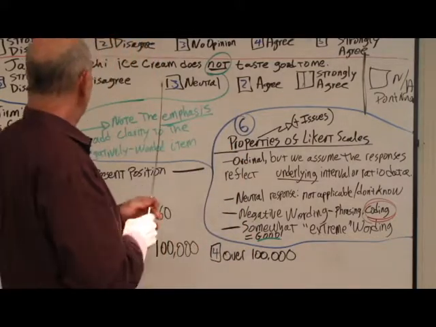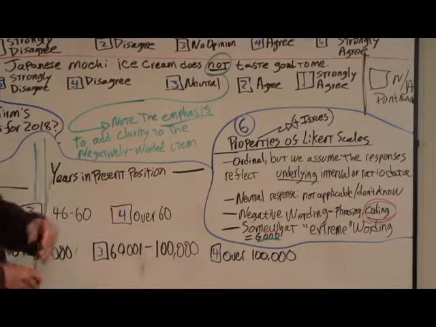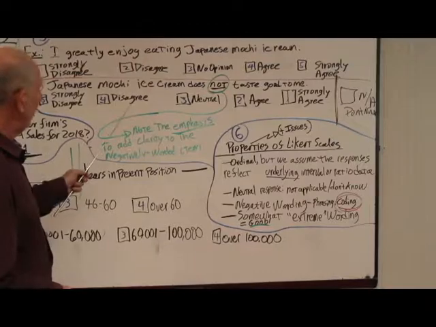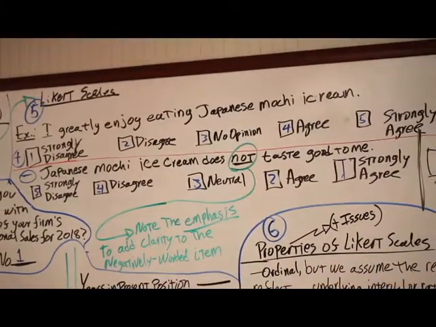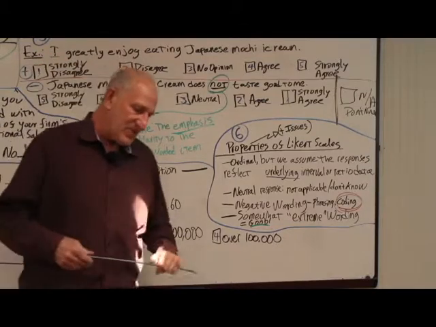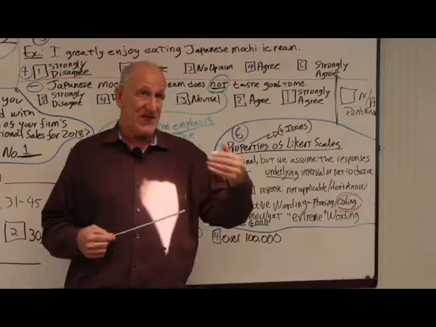And that's what we've done up here on item 5. I greatly enjoy eating ice cream. You could say, I love eating ice cream. And then down here, it does not taste good to me. You could even make that a little more extreme and say, it tastes rather bad to me. Something like that. But you want to have some degree of extremeness in the choice so that you can give people something to get their teeth into.